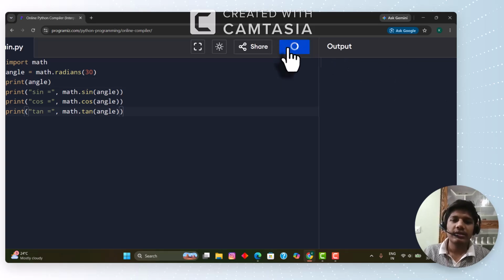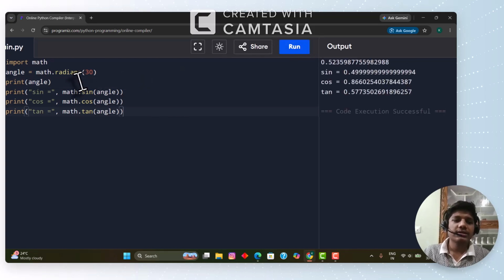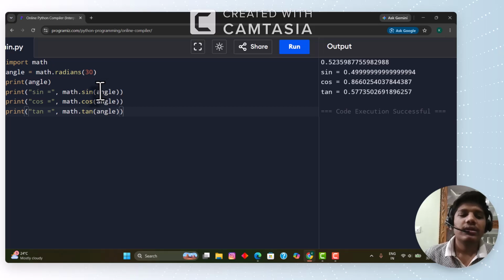What is the value of the angle for 30 degrees? If we convert 30 degrees into radians, we get 0.5235. When we insert it into the sine and execute this code, sine of 0.523 is 0.499 and cos of 0.52 is 0.866. This angle is in radians, not degrees.